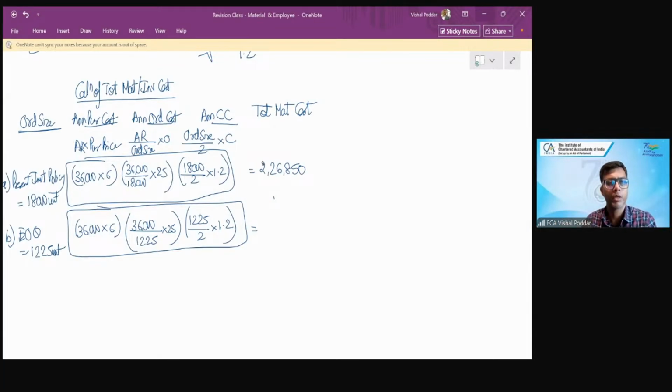And the second answer given again by Tejaswin is 217,470. Perfect. So majorly everyone is getting the same answer. Great.